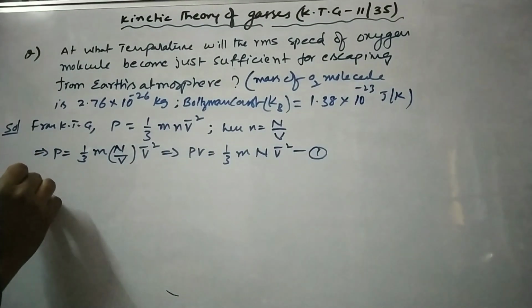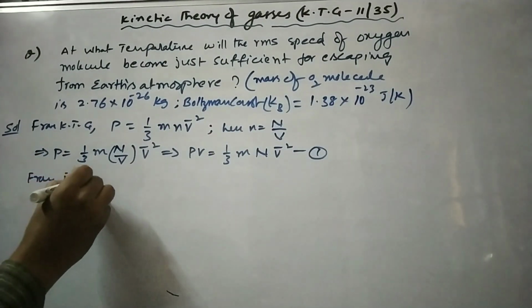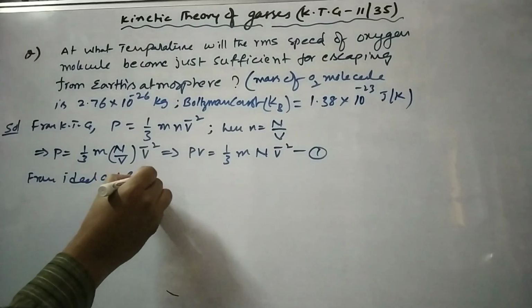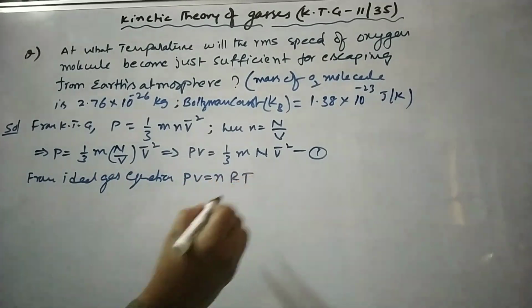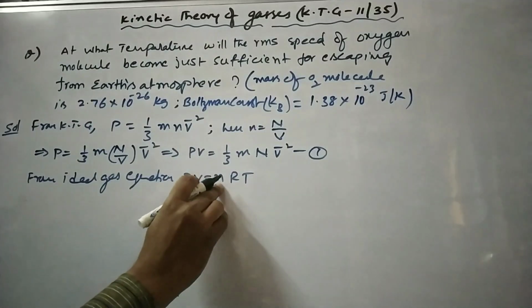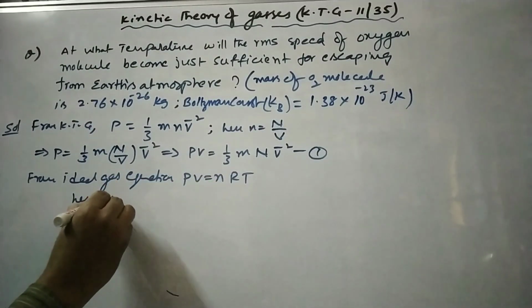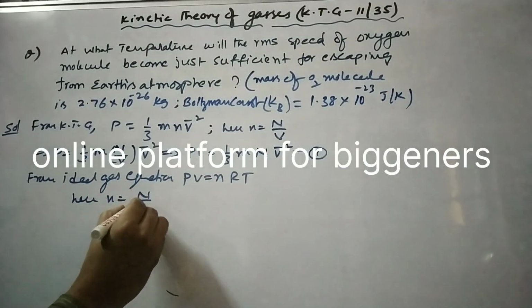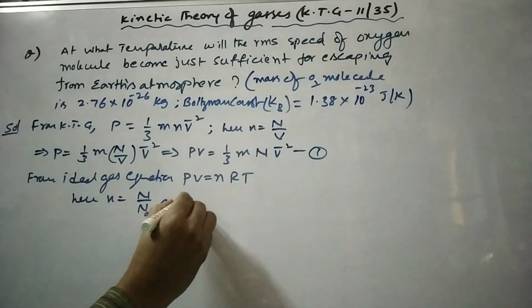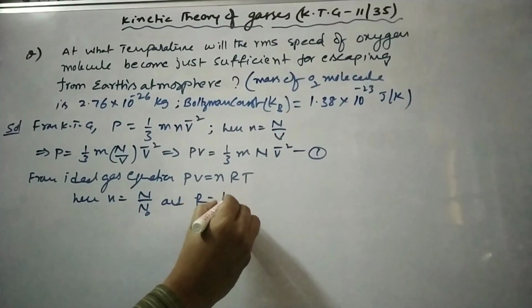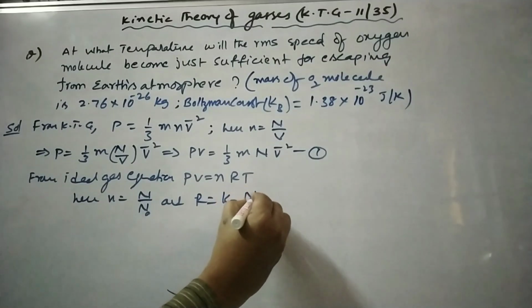And from the ideal gas equation, what is that? PV is equal to n R T, isn't it? Here n is written as number of molecules N by Avogadro number N naught, and R is written as Boltzmann constant Kb into Avogadro number.